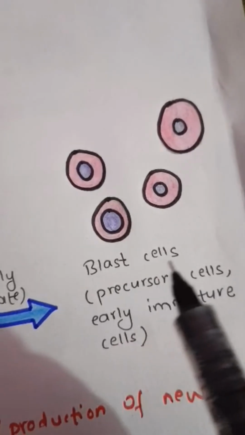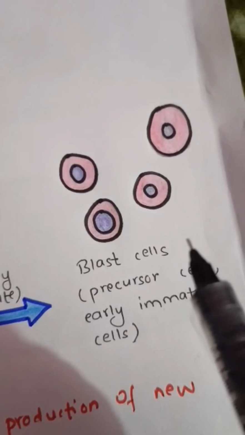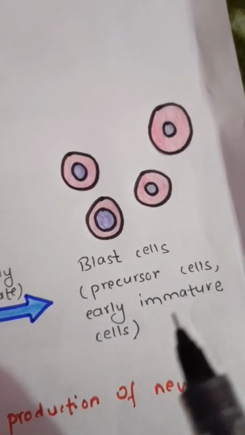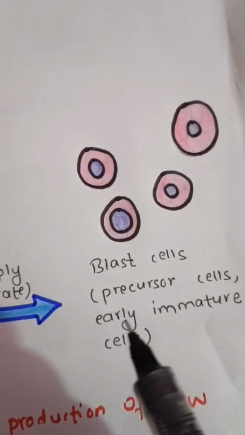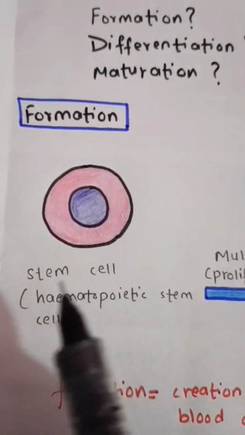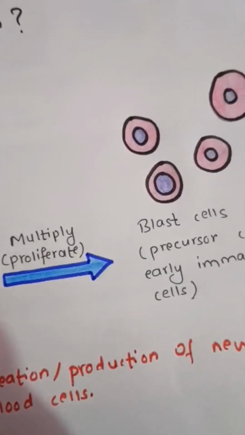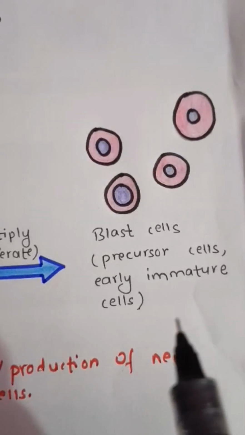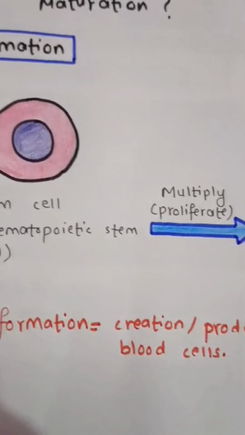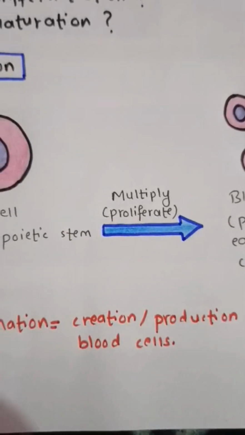These blast cells are the immature cells which will later mature into different types of blood cells. These blast cells are also called precursor cells or immature early cells. So, simply, formation means a process in which one hematopoietic stem cell multiplies or proliferates into numerous blast cells or immature cells. To summarize, formation means creation or production of new blood cells.